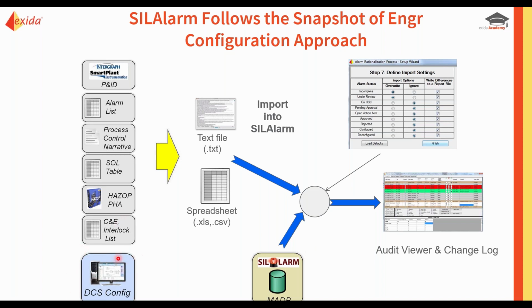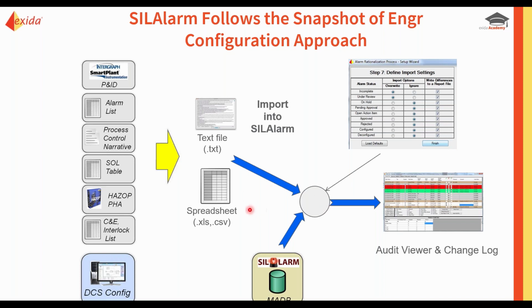So if we get a snapshot of our control system configuration, all of the alarms, all of the attributes, we load that into SILAlarm. It compares to what's already in the database, and it gives us a readout through our audit viewer of all of the discrepancies that it has found, and then we can review and analyze them and decide what to do.